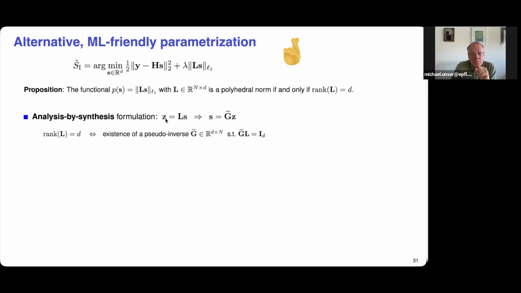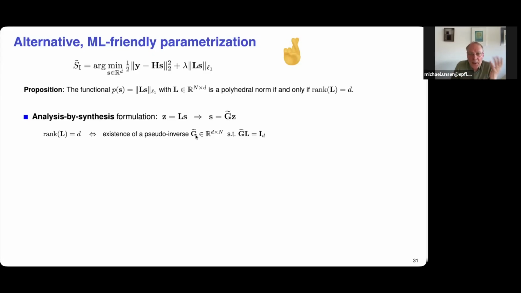So if you apply L to some signal S, you get Z. But now we had the condition that this is a norm if and only if the rank of L is D. But if the rank of L is D, then in fact you can invert L by taking a generalized inverse.